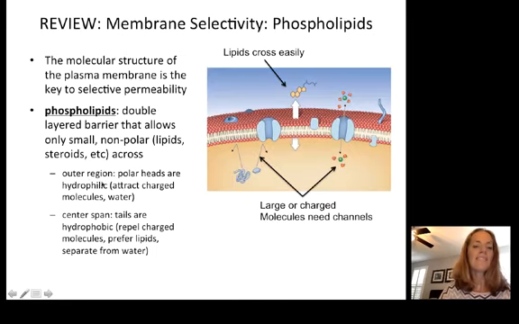If none of this sounds familiar, you may want to go back to the membrane transport lecture and review membrane selectivity and phospholipids, where we see that lipids can cross easily across the phospholipid bilayer, but polar or large molecules, water-soluble molecules, have to have proteins that they interact with.